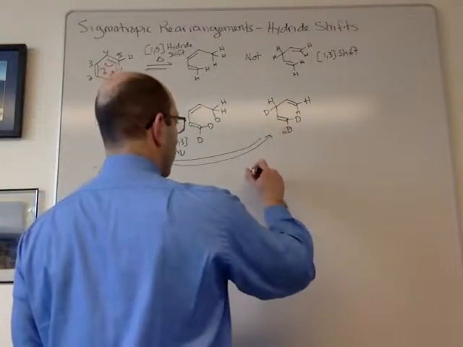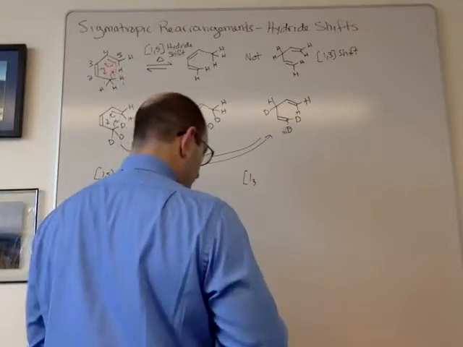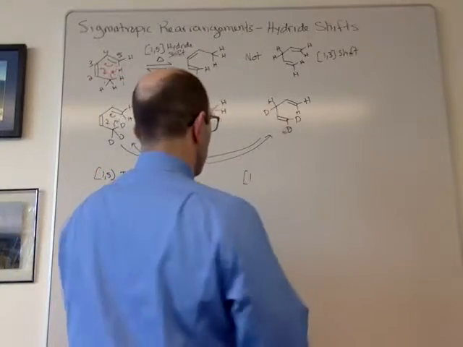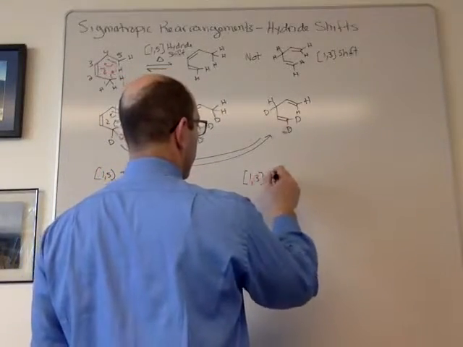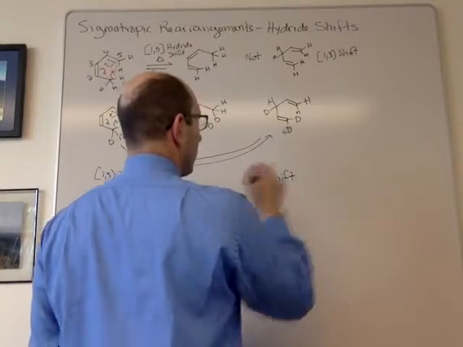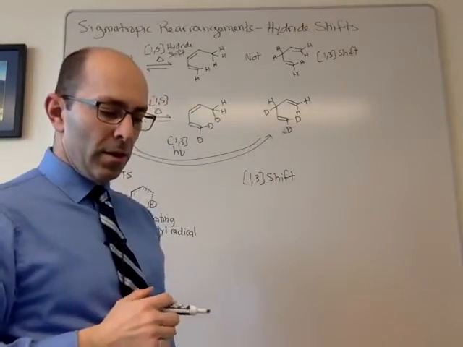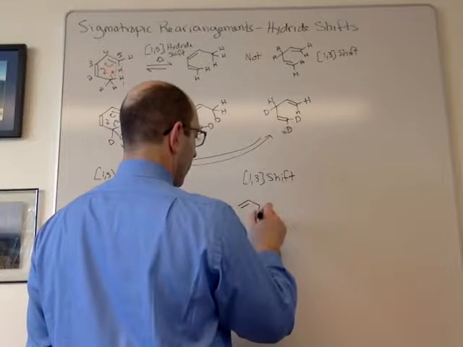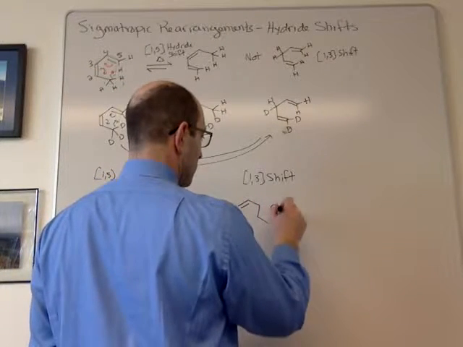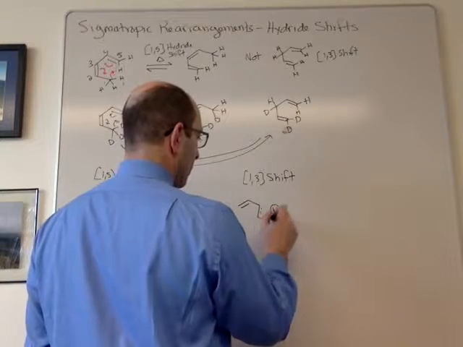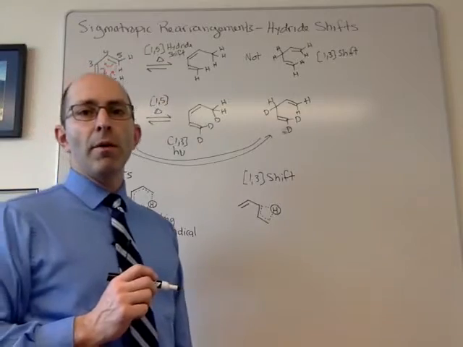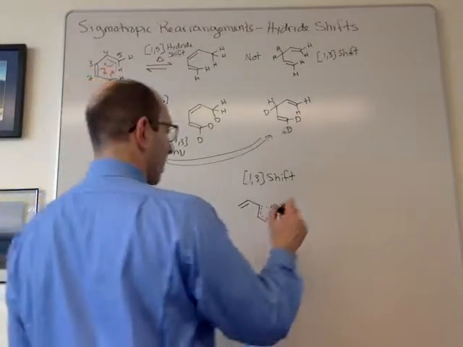For that, for the 1,3 shift, all right, what does that transition state look like? Again, we'll just use H. So we have an H radical migrating across an allyl system.